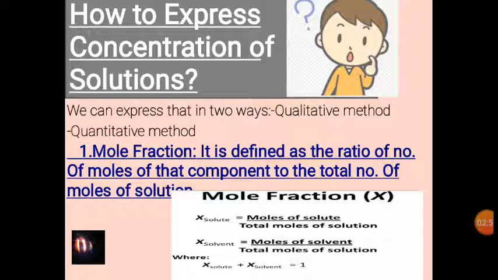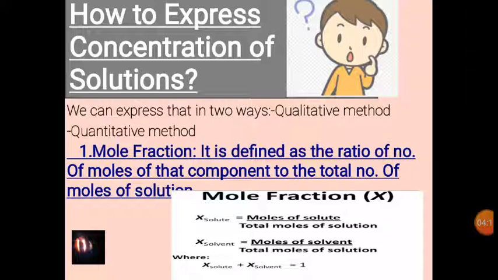So the first way is mole fraction. Mole fraction is defined as the ratio of the number of moles of that component to the total number of moles of solution. The commonly used symbol for mole fraction is chi, and the subscript on the right-hand side of chi denotes the component.